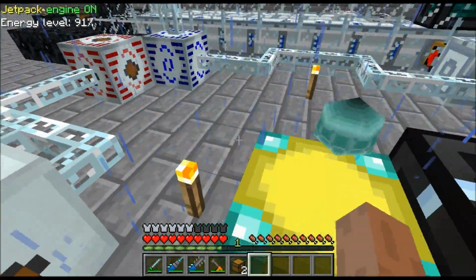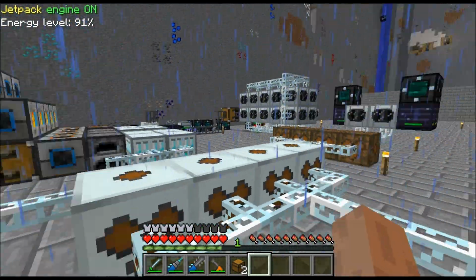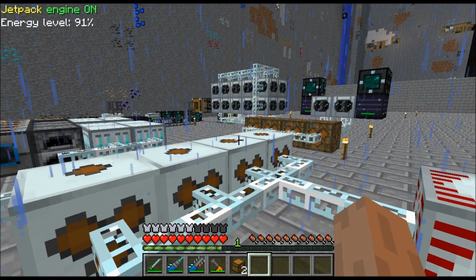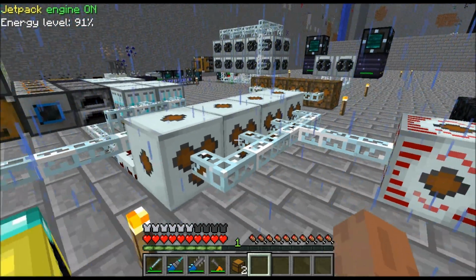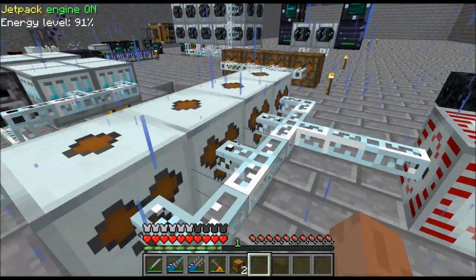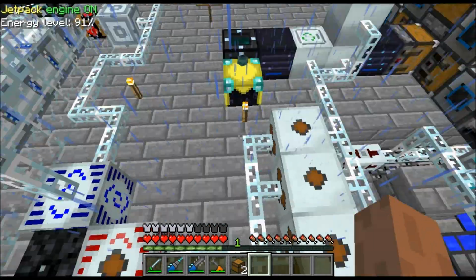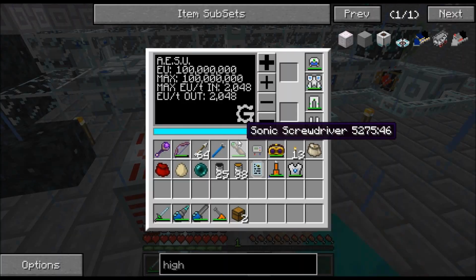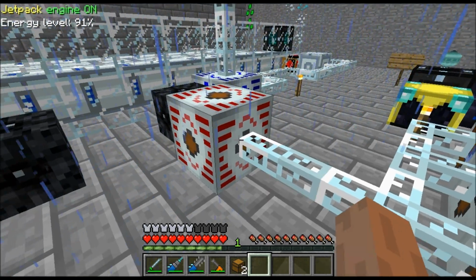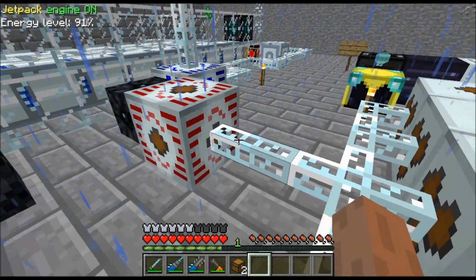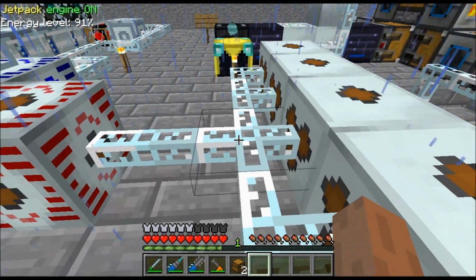And then to kind of give a breakdown, because all these systems over here require a lot of packets of EU, and in order to make sure you utilize all of your packets, what I have here is it's coming out at high voltage, getting split down into 4 packets of high voltage here of 512.